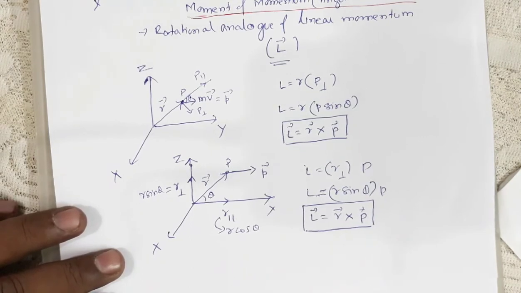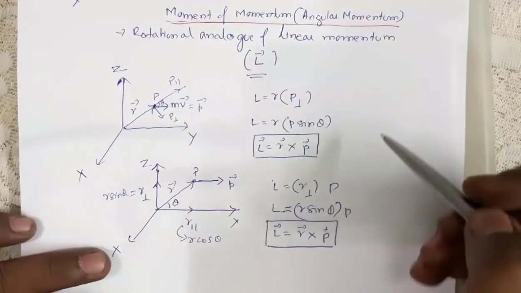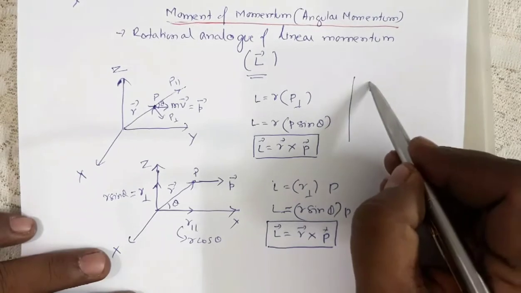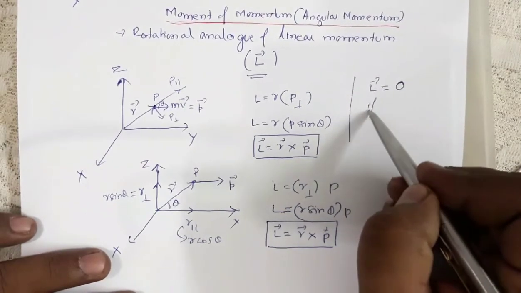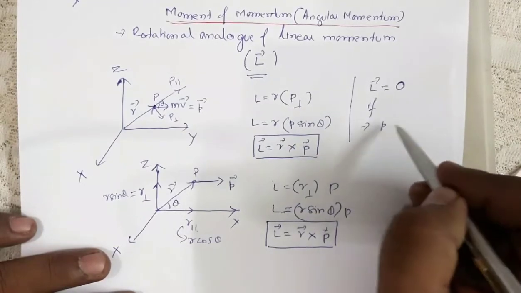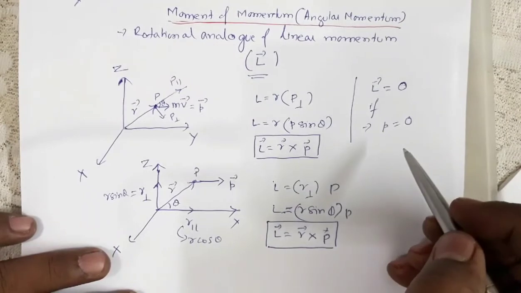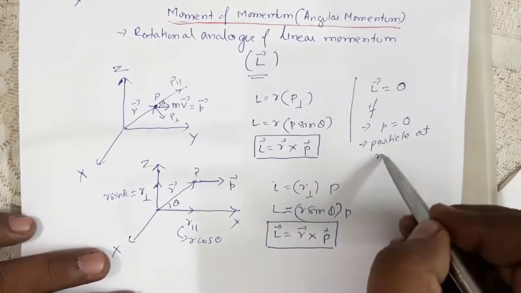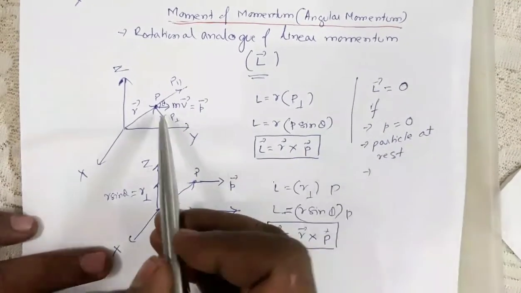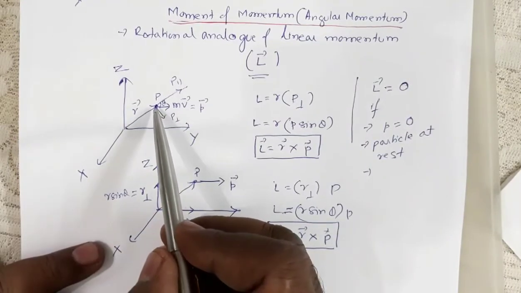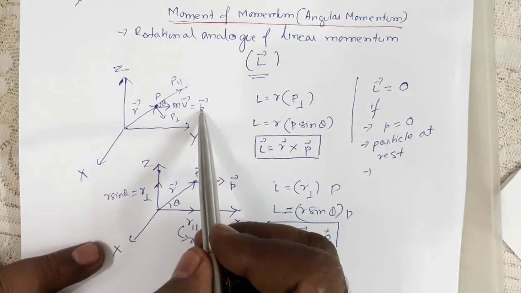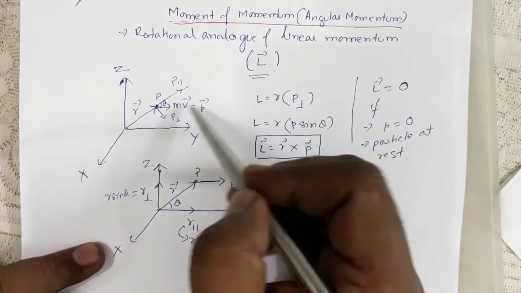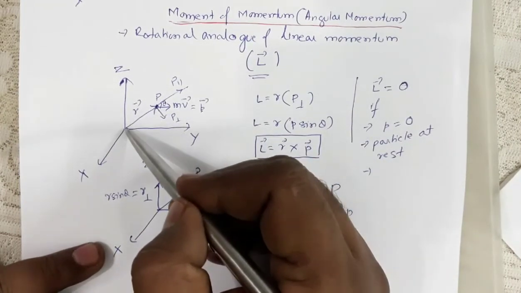Now the thing to be observed is, for a single particle, this angular momentum L will be equal to 0 if one thing is momentum is 0, momentum of the particle is 0, or the particle is at rest, or this point P, this momentum P is such that it is passing through the origin, means it is along this line.